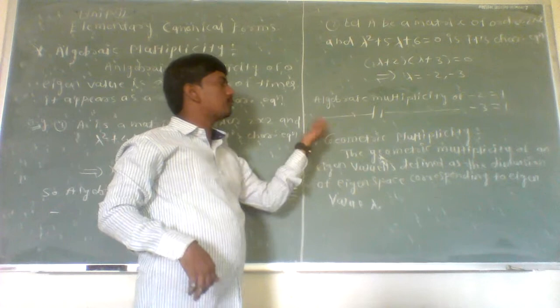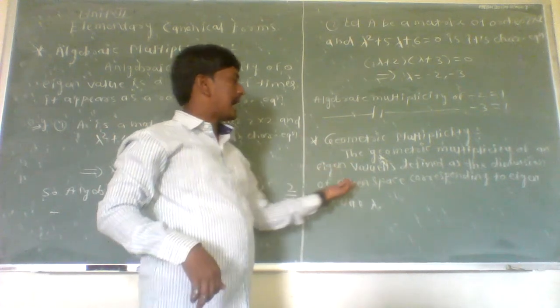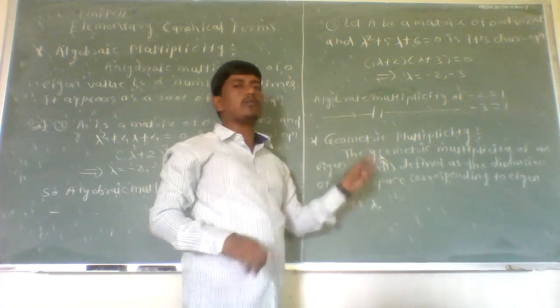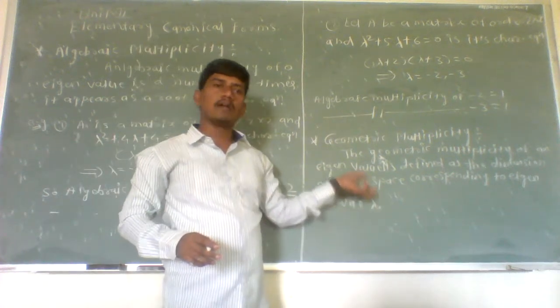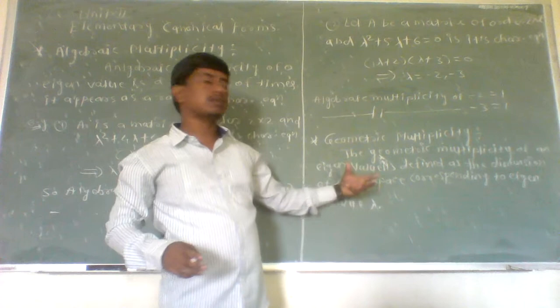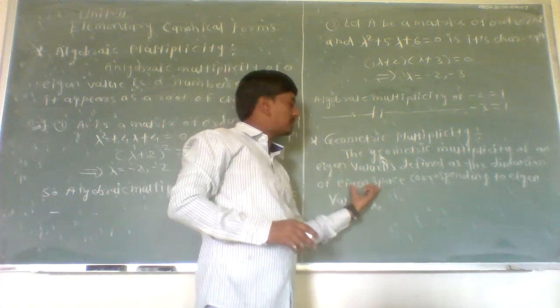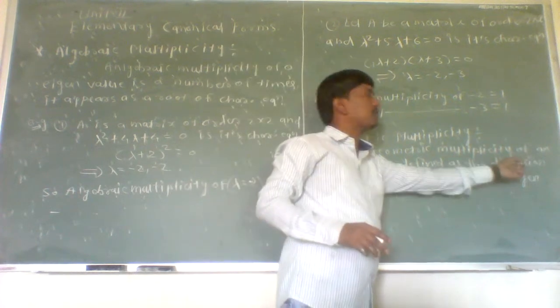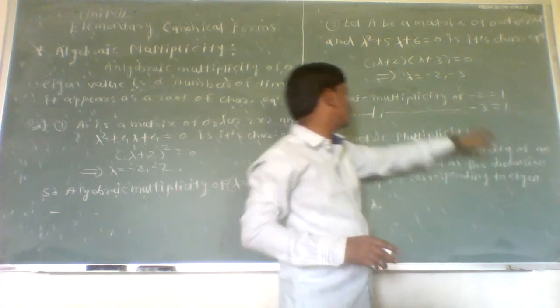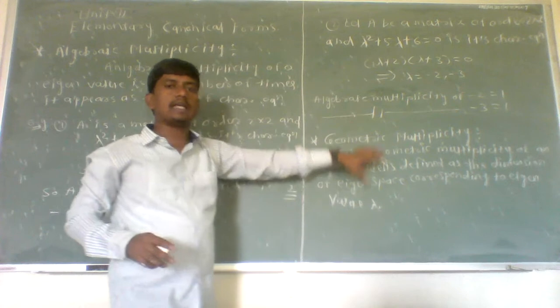In this way we can find out the geometric multiplicity of any eigenvalue. How will we find it? First we have to find out its eigenspace. That is, if suppose we have been given one eigenvalue, then we have to find all its characteristic vectors, and from these we construct the eigenspace, and after that we find its dimension, and that dimension is nothing but the geometric multiplicity of that eigenvalue.